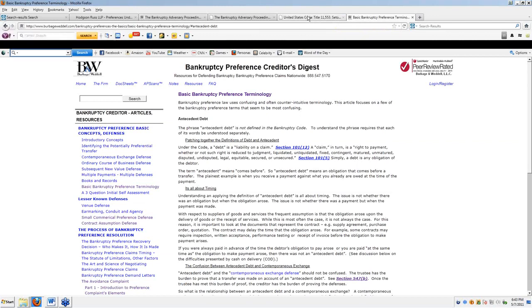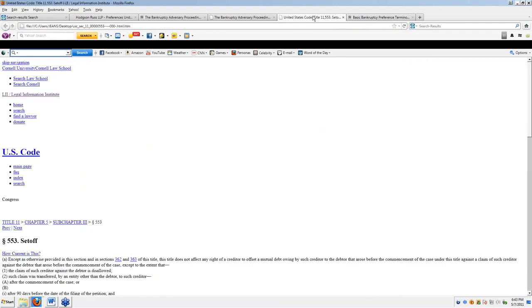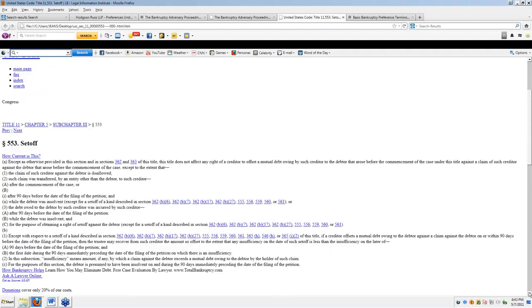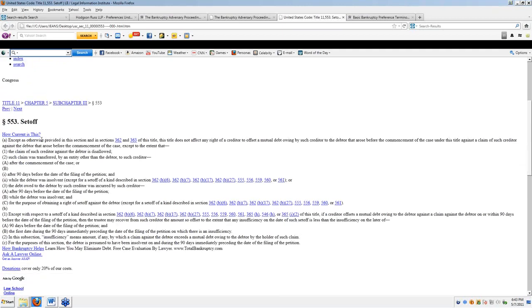Now this section here says that you have a right. What does that say? Can you read that? Set off? Yeah, this is section 553. Read what it says.